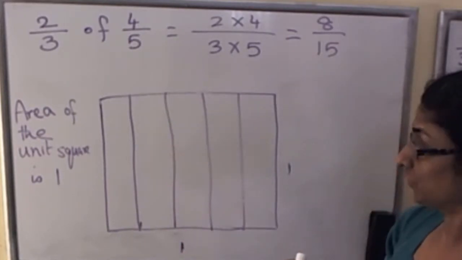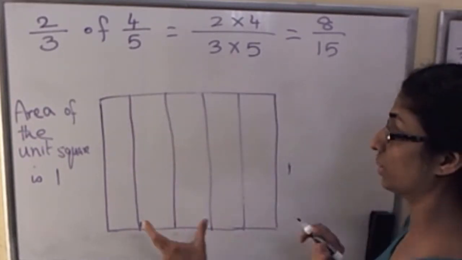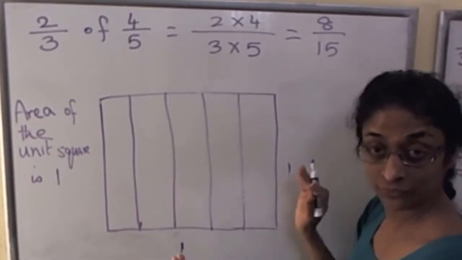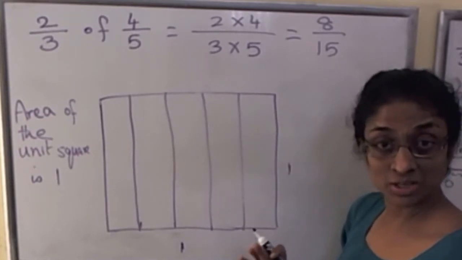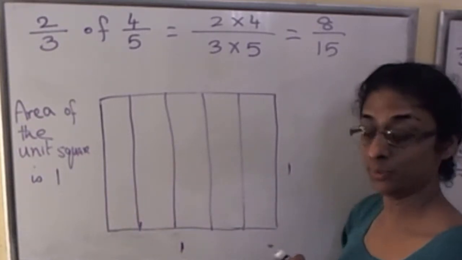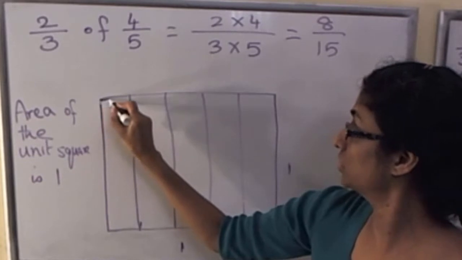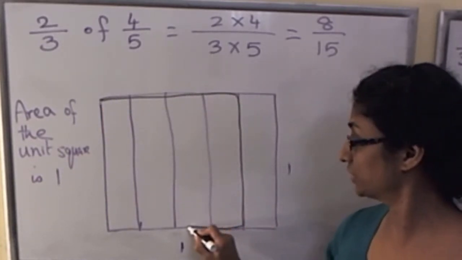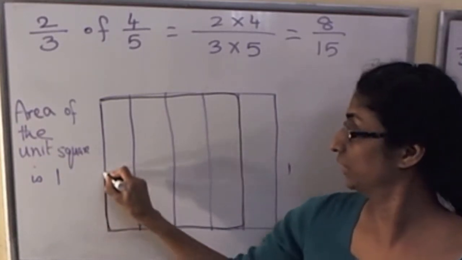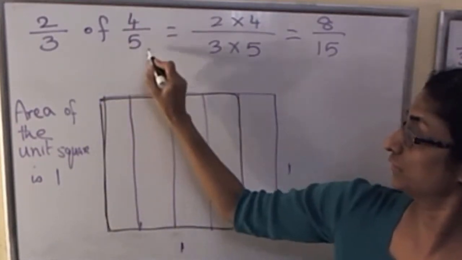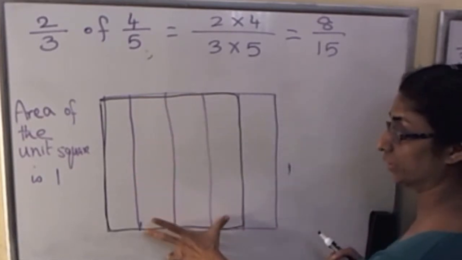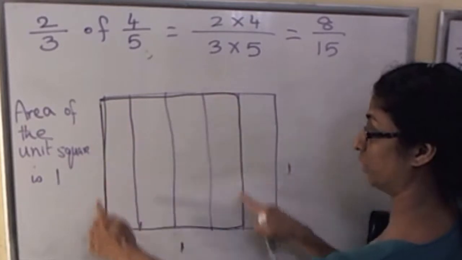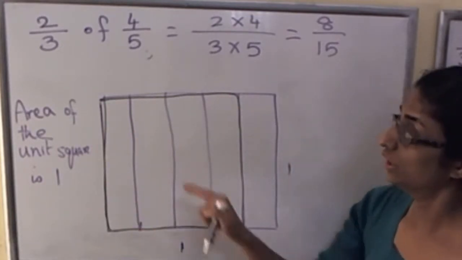And 4/5 can be understood as putting together 4 of these pieces, and the area of that region made up of 4 of these parts. So let me draw that out here. Let's put these first 4 rectangles together, and 4/5 is the area of this rectangle that you see, whose border is this black line.